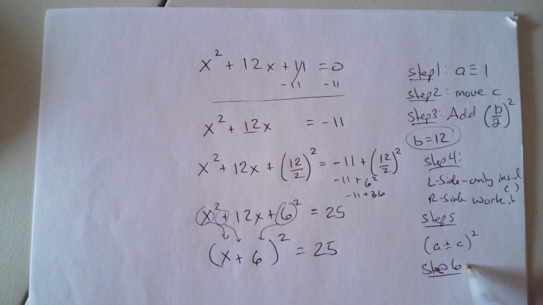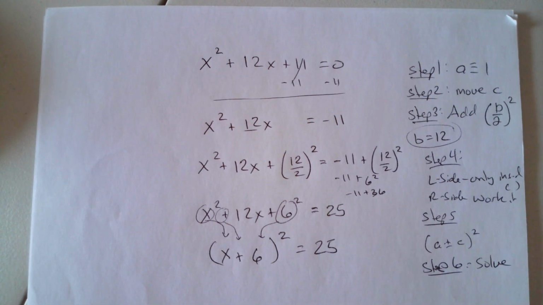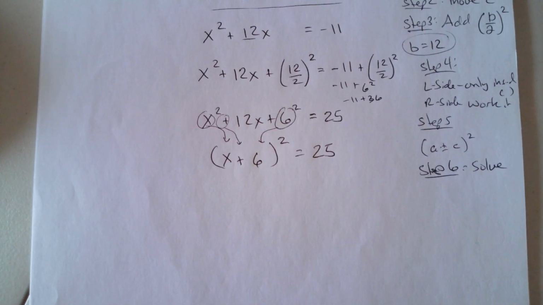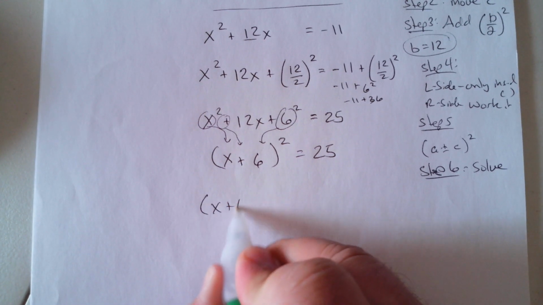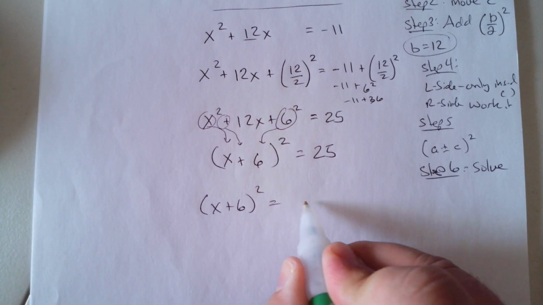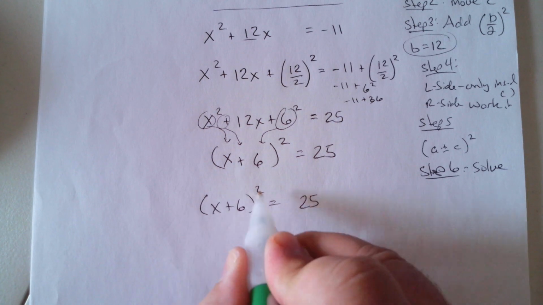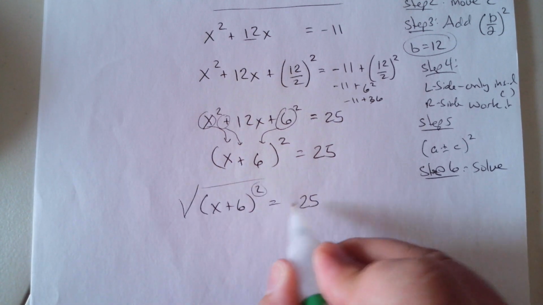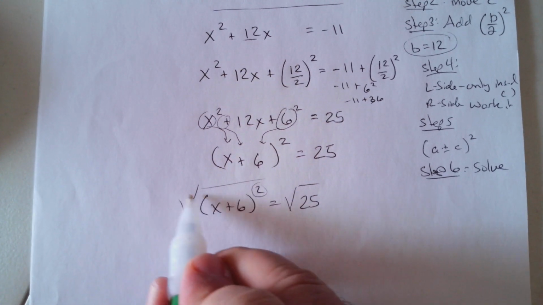Step 6. Solve. So to get rid of the square, we have to square root both sides. So that cancels.